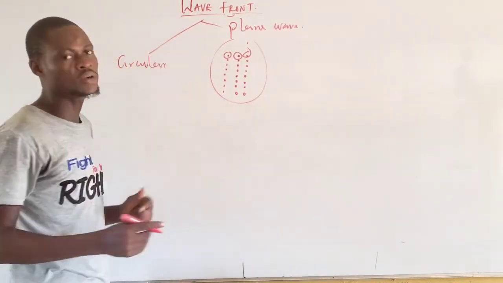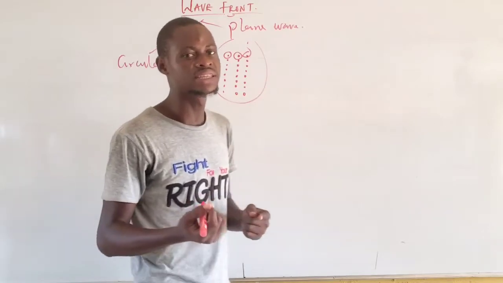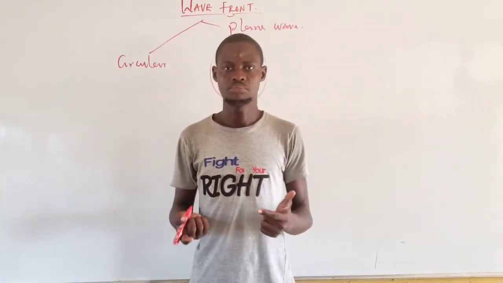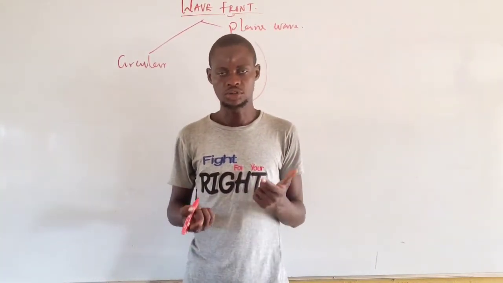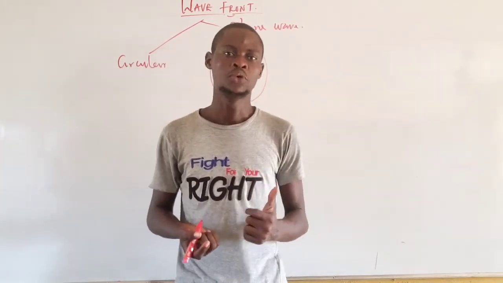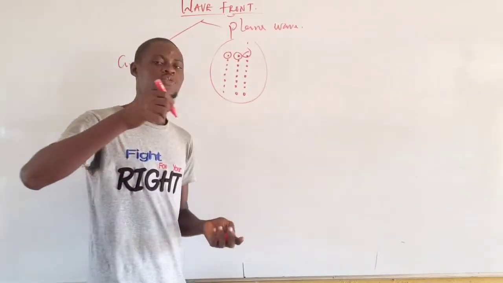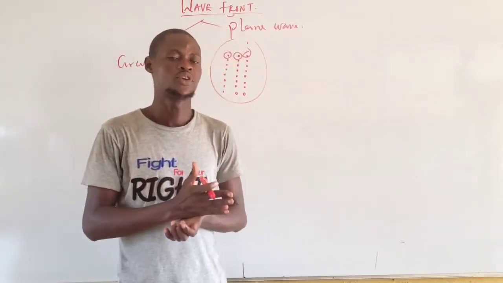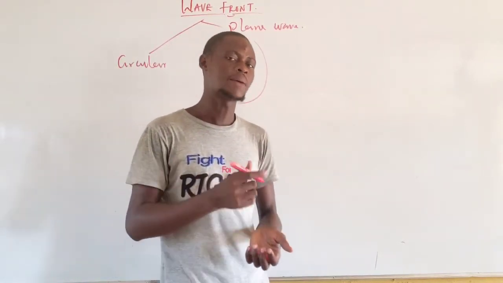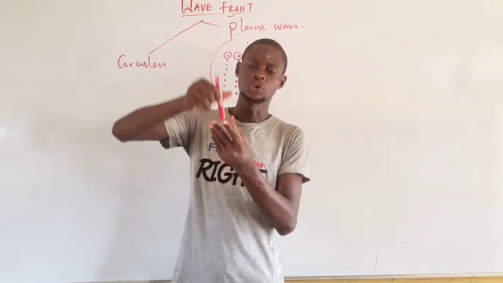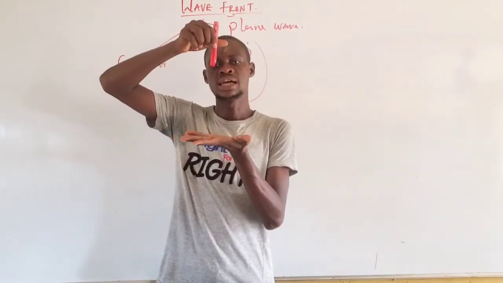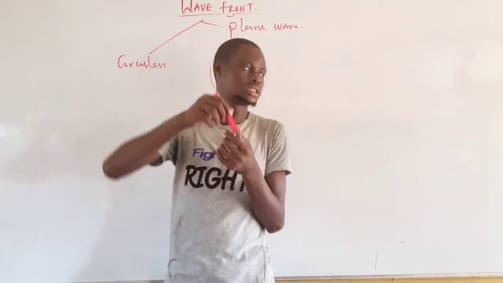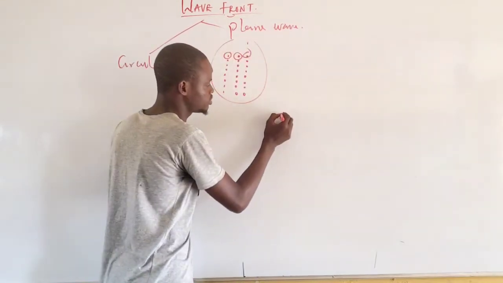Now, a circular wavefront is mostly generated in water, mostly in the ripple tank. Now, take for example, a water wave. If you are to produce a wave inside water, for example, let me say I have a stone. This is a stone. This is the water. If I drop the stone downward, I am going to have something of this kind.